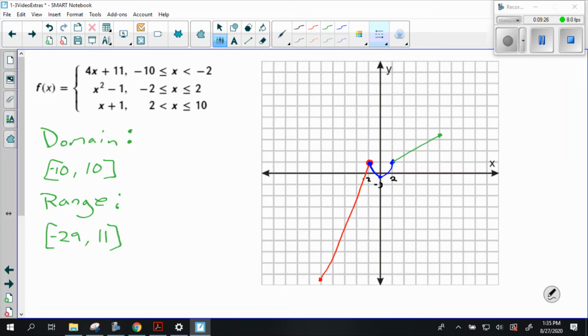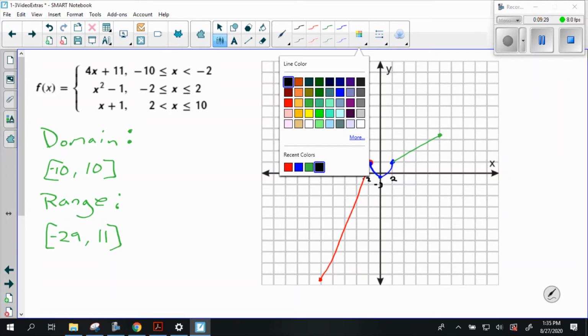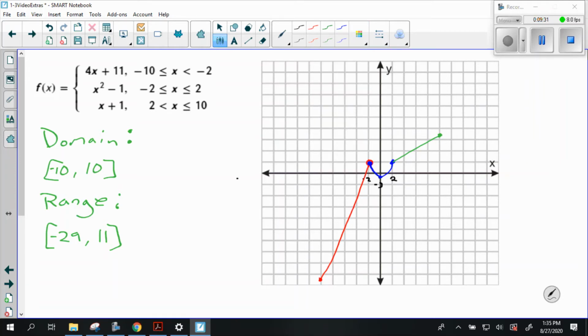Let's talk about what intervals for which this thing is increasing and decreasing. So it is increasing over a couple intervals, right? It's going up on the interval from x equals -10 to -2.